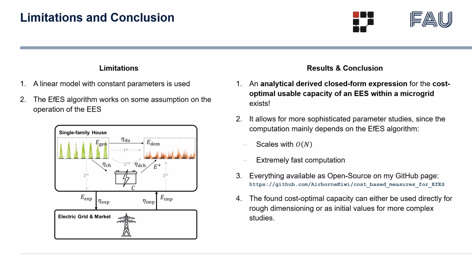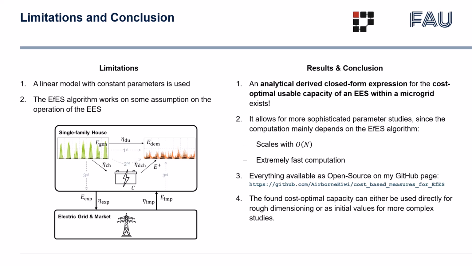It's extremely fast to compute. I published everything, including the source code for this publication, on my GitHub page. Here you can see the link for the data I used and the source code you can find online.